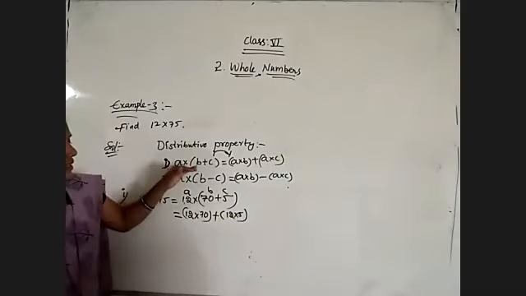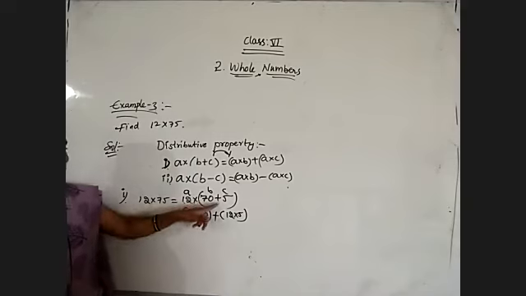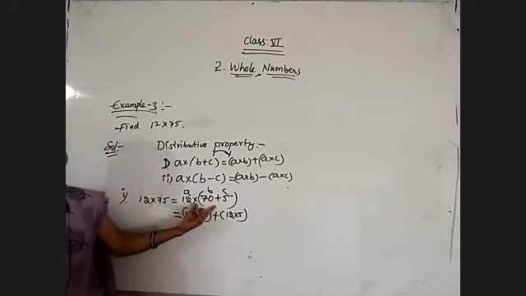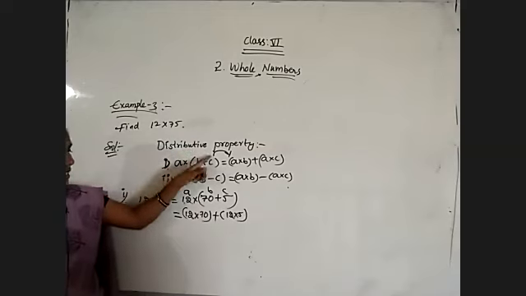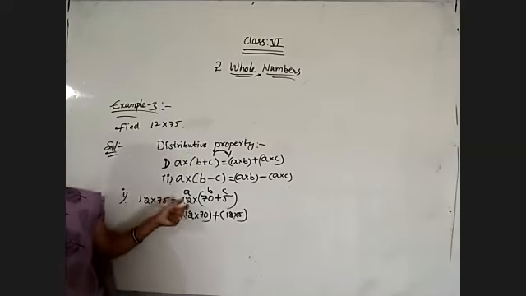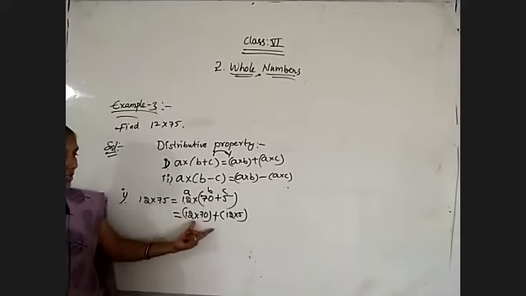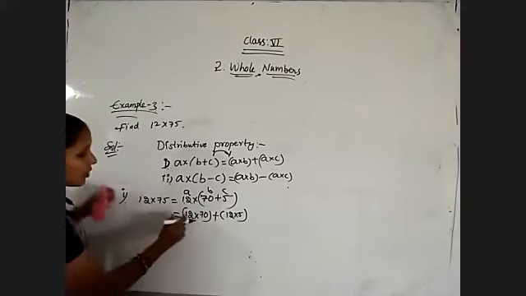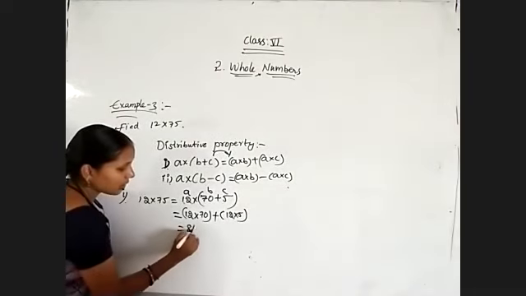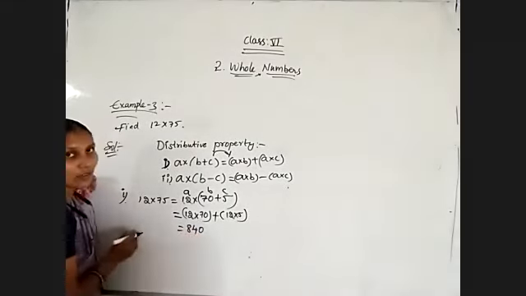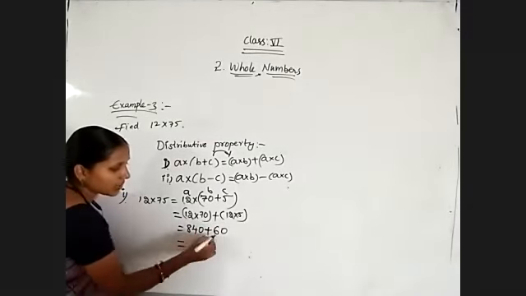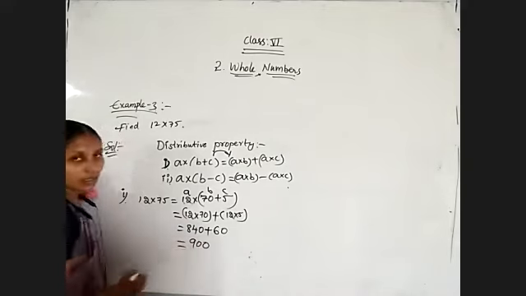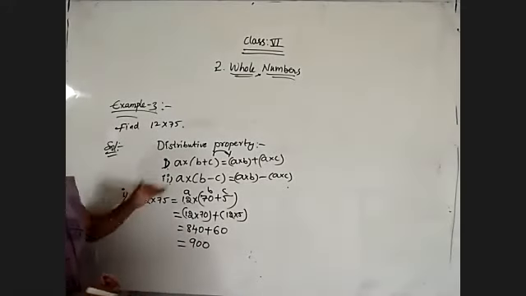This is the distributive property: A is distributed over B as well as C. Here A is 12, distributed over 70 as well as 5. So 12 into 70 plus 12 into 5. 12 times 7 is 84, so 840, plus 12 times 5 is 60. 840 plus 60 is 900. This is the first process.